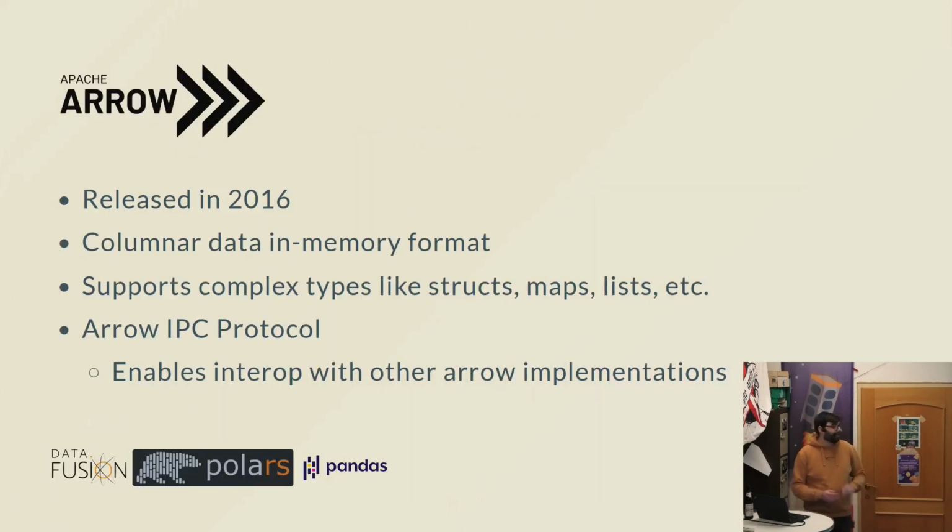I already mentioned Apache Arrow before, and it is a very fundamental point to why DataFusion is as viable as it is. It was released in 2016, and it is a columnar in-memory data format, so basically how you represent data in memory.